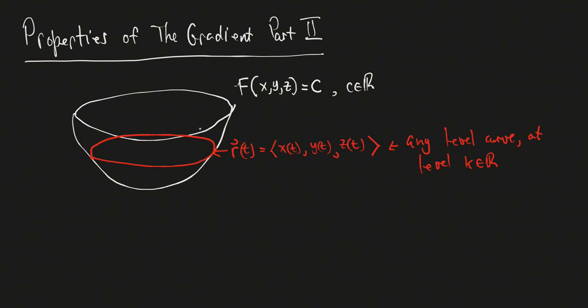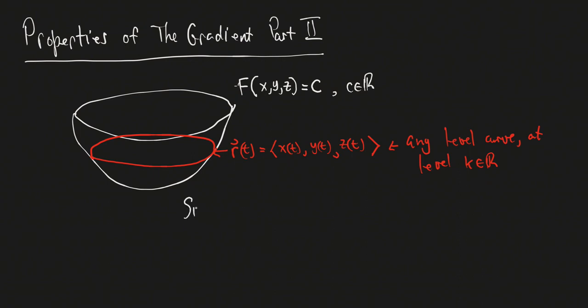But now what's happening is, since our curve is always on the surface, then the parametric equations for the curve must always satisfy the equation for the surface. So we can write this.